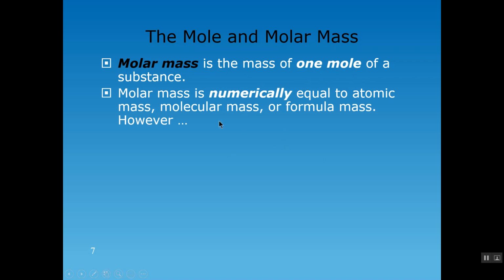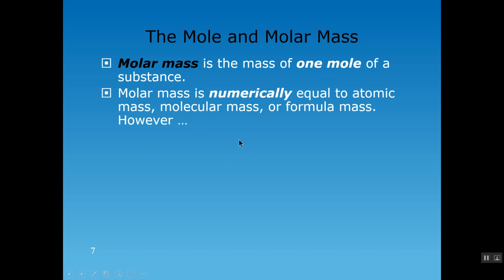And it turns out that the molar mass is numerically equal to the atomic mass for elements, molecular mass for molecular compounds, and formula mass for ionic compounds. So numerically speaking, for any substance, the molar mass is the same as the atomic mass or the molecular mass or the formula mass, depending on the type of compound we're talking about.